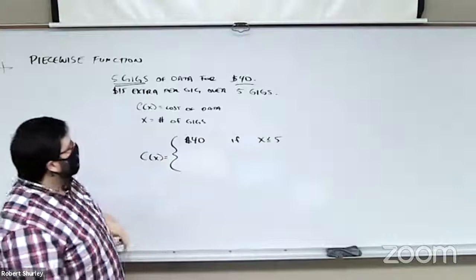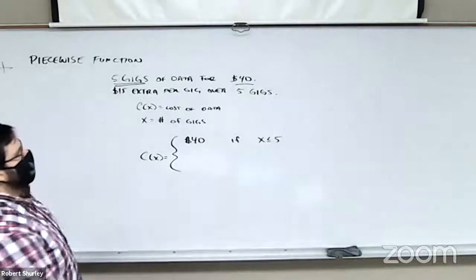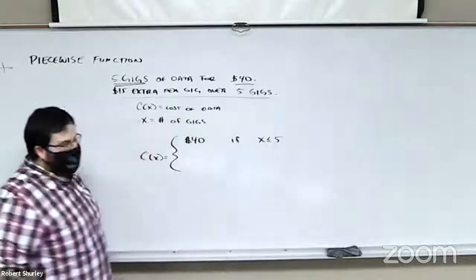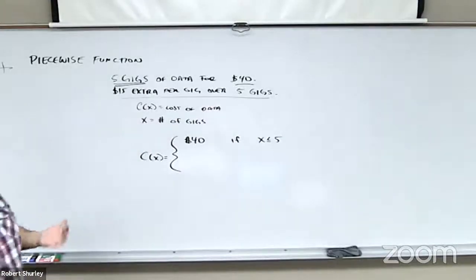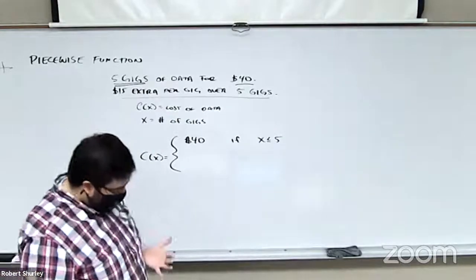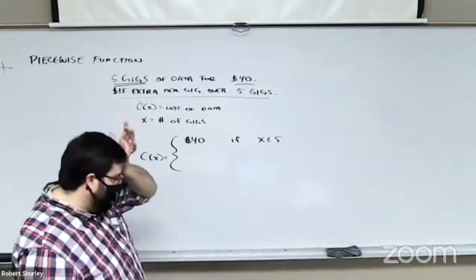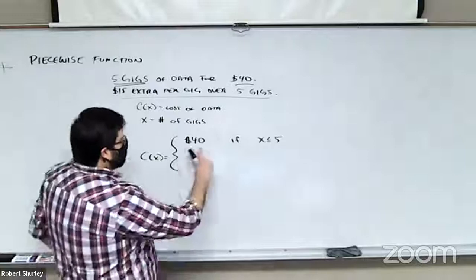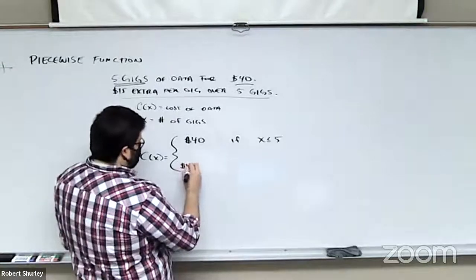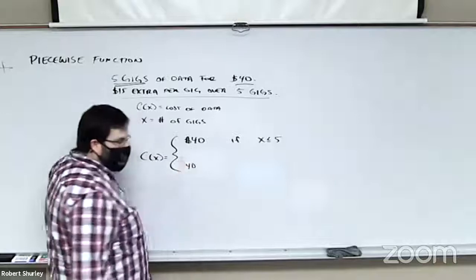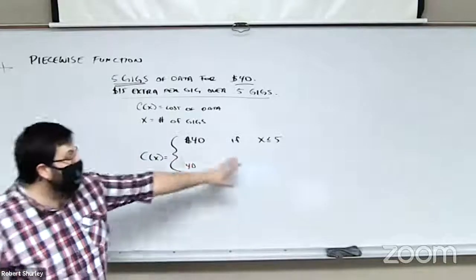Now I'm going to come up with the equation for the second part, the 50 extra per gig over 5. You can try this, it's just not going to be part of the test. If I was going to create the next equation, we'd have to start with the $40, right? Actually, I'm going to drop the dollar sign because it's going to get a little crazier. We have to start with 40 because we've already paid for the first 5 gigs.